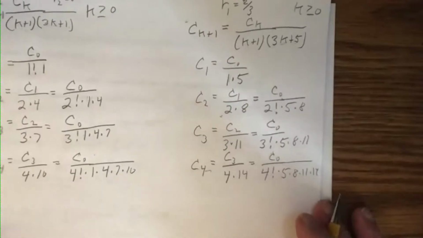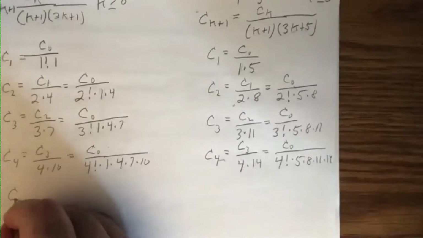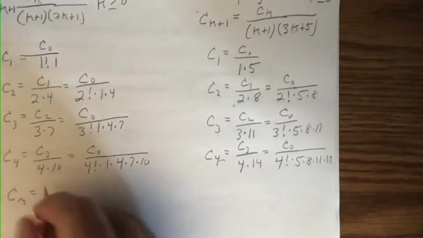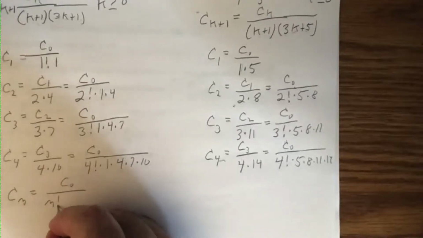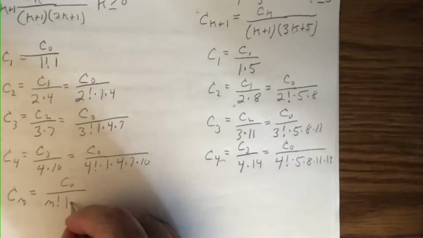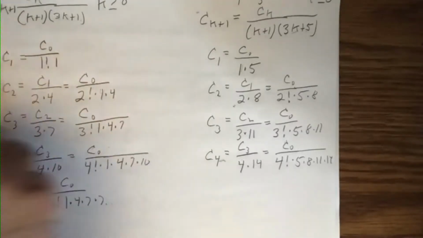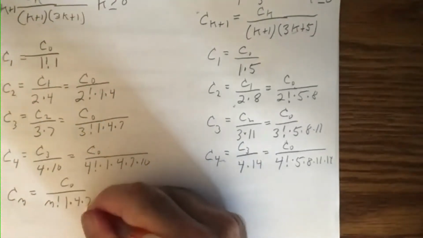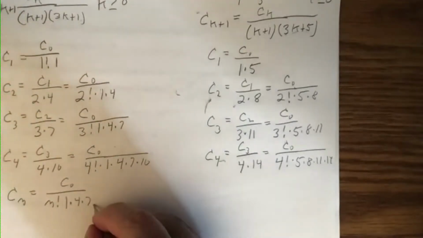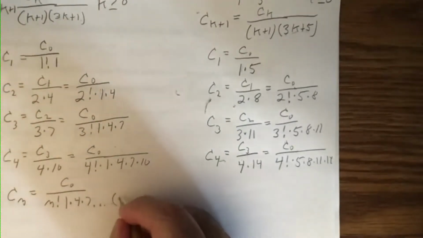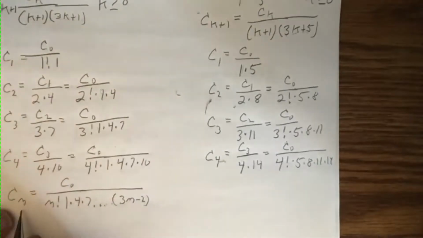Okay. All right, and it turns out if you spend the time, this is going to be n factorial when I go to the n, and then it's going to be 1 times 4. There's a pattern. That's why I did it this way. Up to 3n minus 2. So you can write this generally like this.